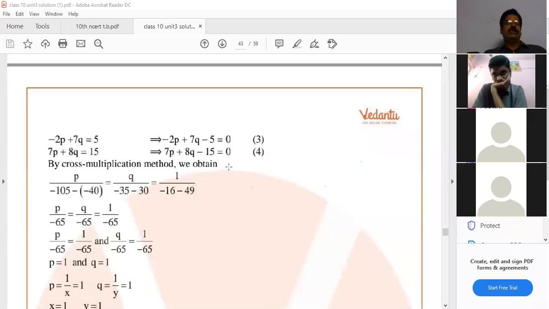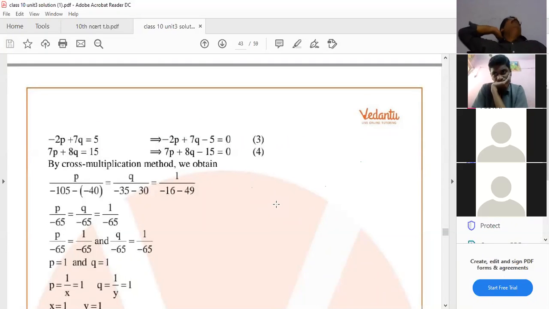Cross multiplication method means, remember, p by b1 c2 minus b2 c1.